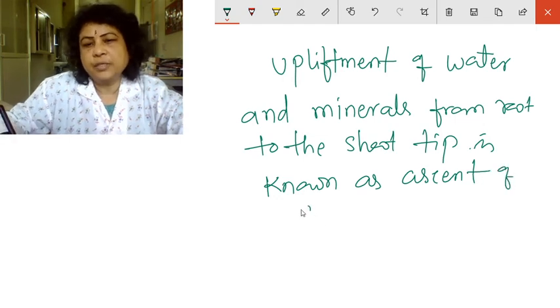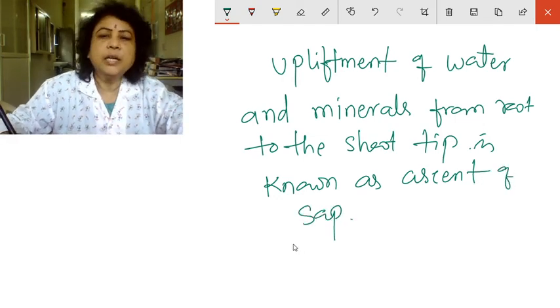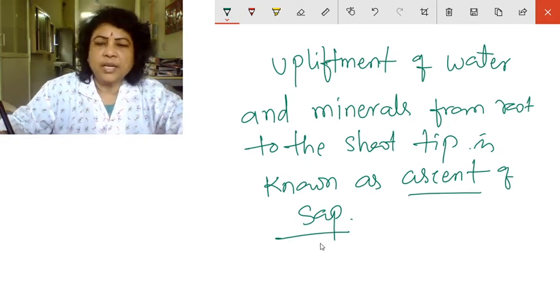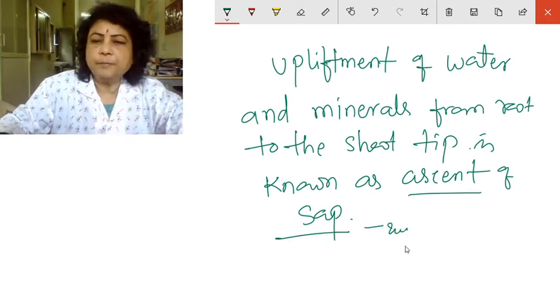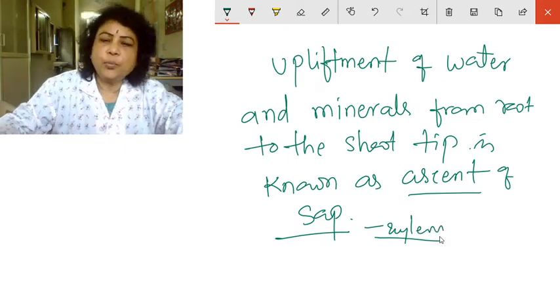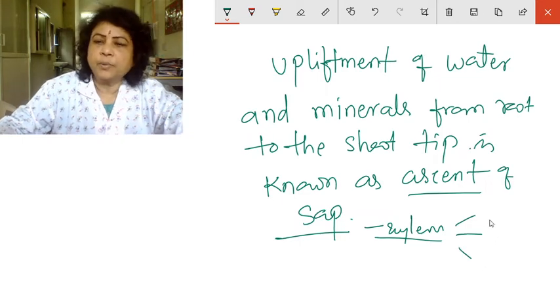This sap is translocated through the xylem and distributes to all the parts of the plant.